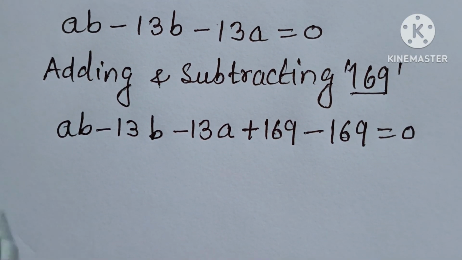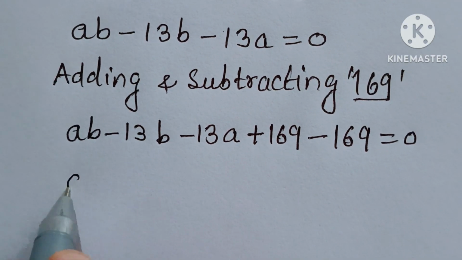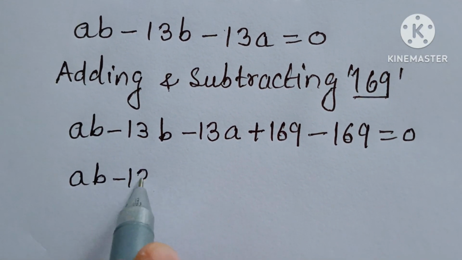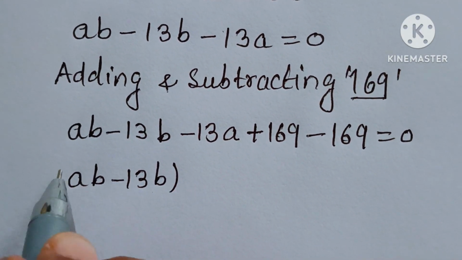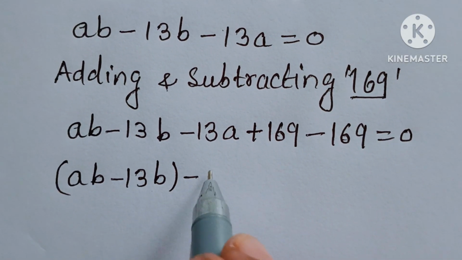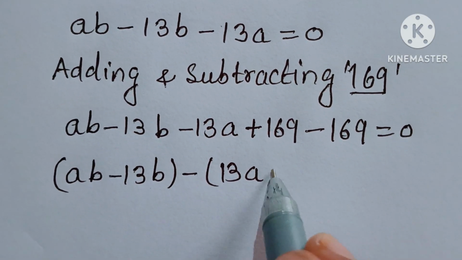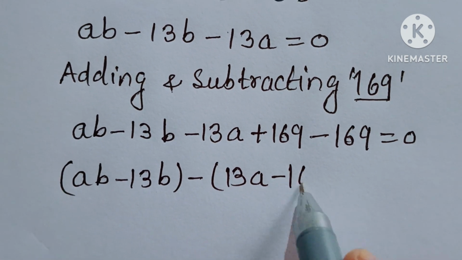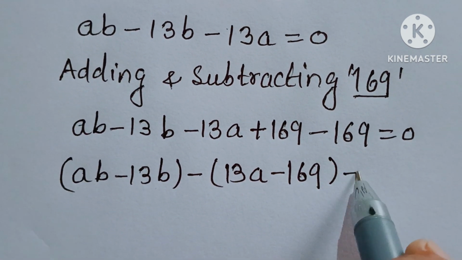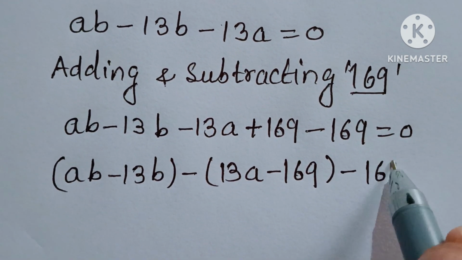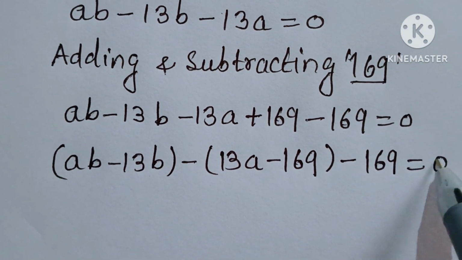Now AB minus 13B minus 13A minus 169 equal to 0.